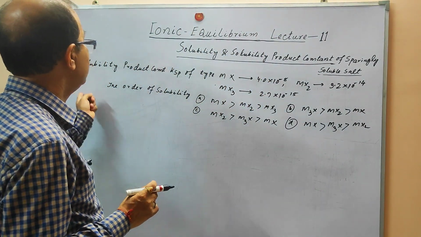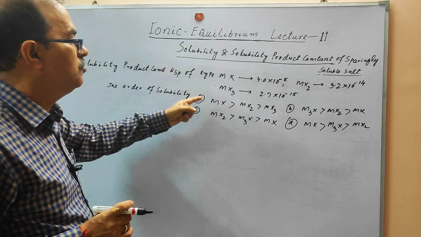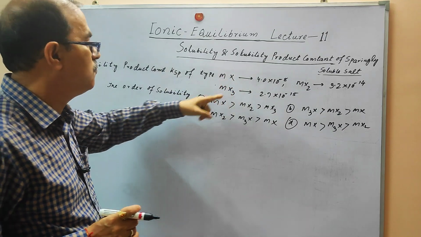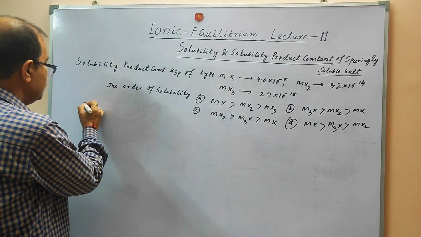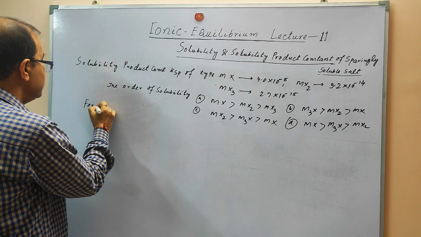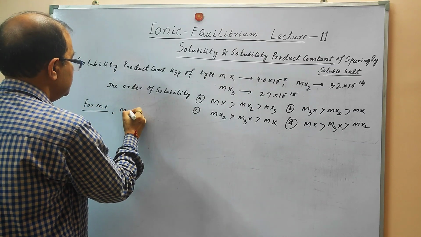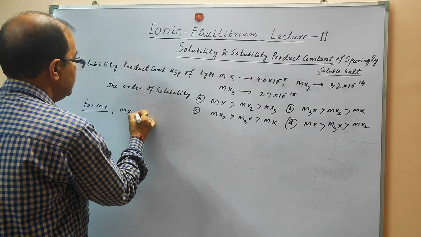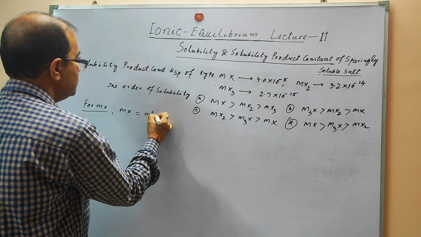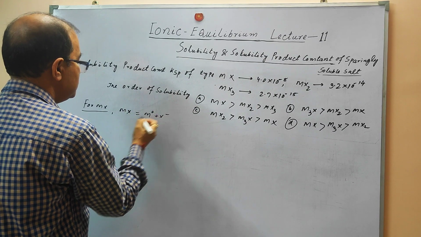For this, first you have to calculate the solubility of each salt from its solubility product. So for the MX salt, what will be the solubility product? We have to see the dissociation like this.